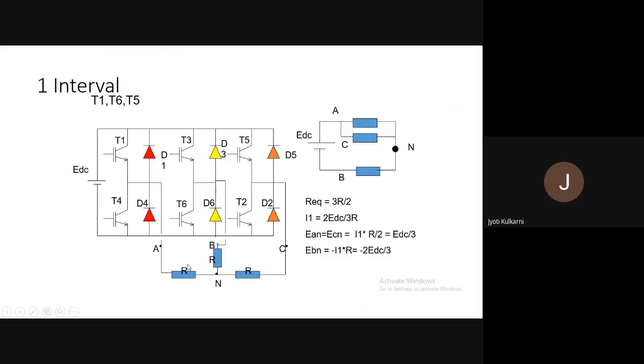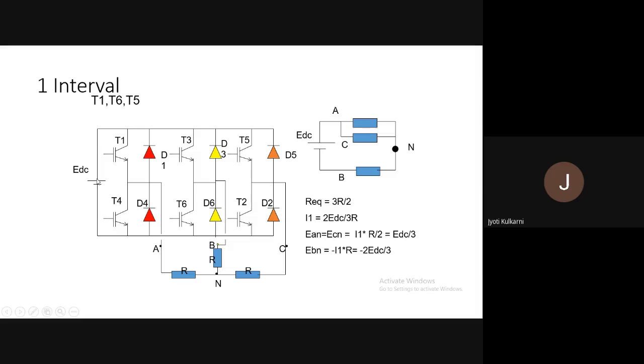Now we will see the equivalent circuit. How will the circuit look? A simple circuit. This is the DC input. The A branch is connected to this junction point, and this junction point is connected through T1, which is under conduction mode. So through T1, this junction point is connected to which terminal of the supply?